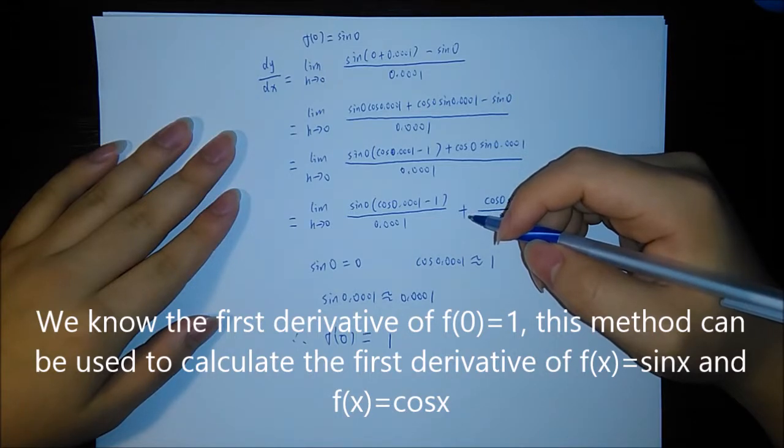So this method can be used to calculate the first derivative of f(x) equal to sine x and f(x) equal to cosine x.